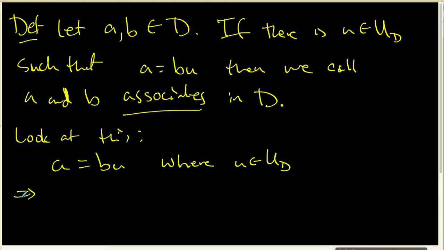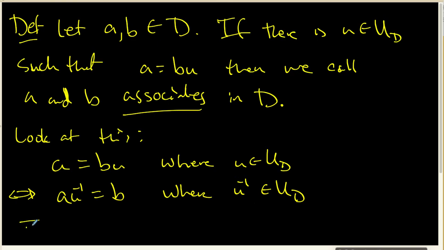That's going to happen if and only if I can post-multiply this equation by U inverse and get A times U inverse is equal to B. But U inverse is also a unit inside D. And so this is going to say that being associates has a symmetry property. In other words, A and B are associates if and only if B and A are associates of each other.